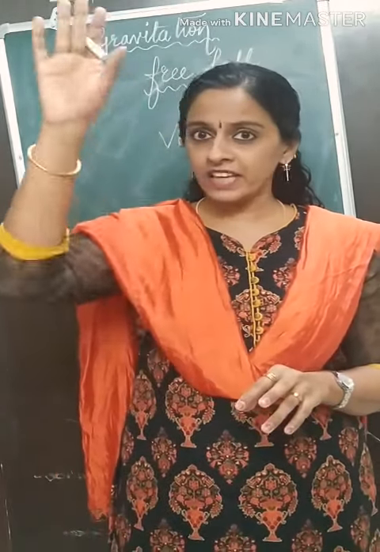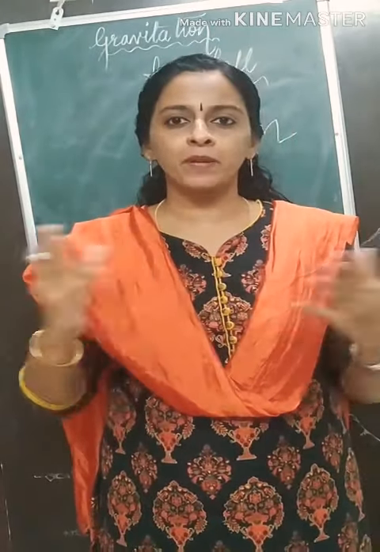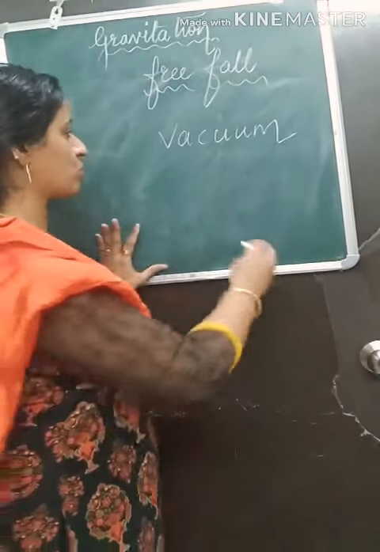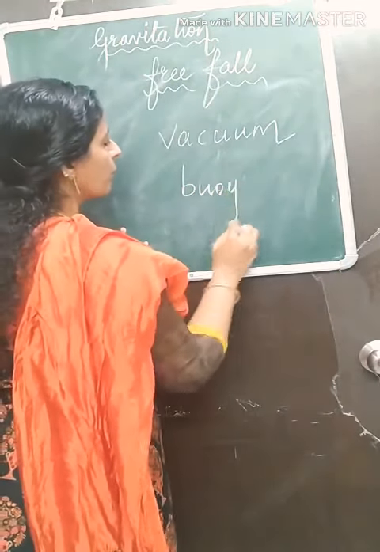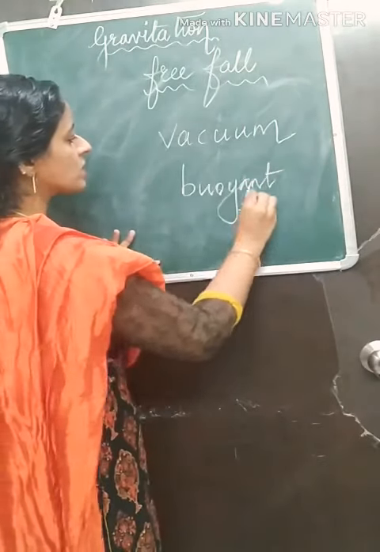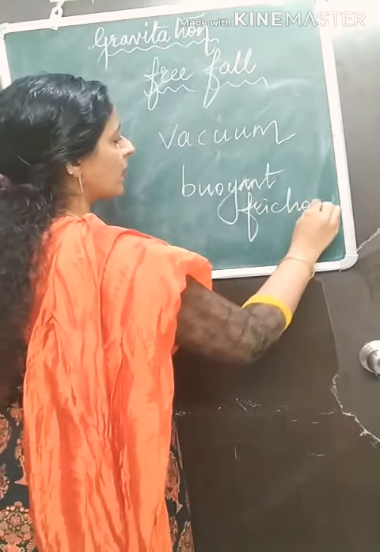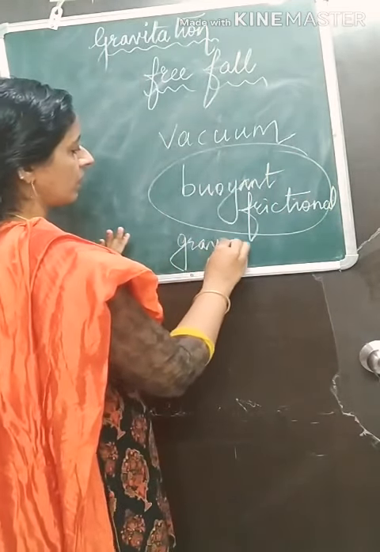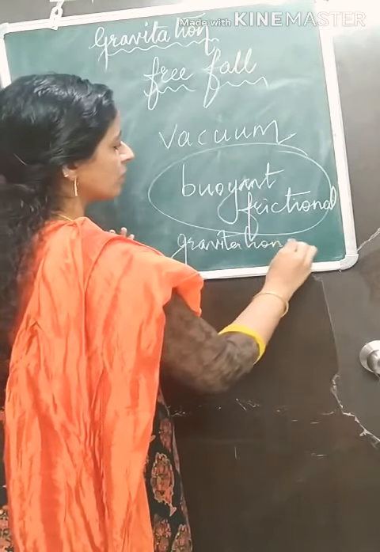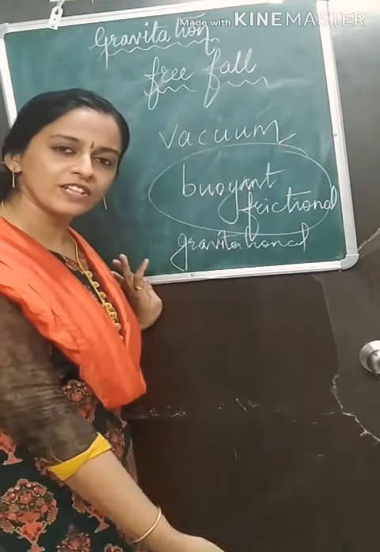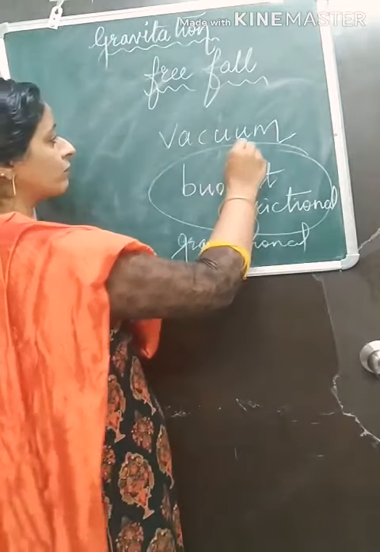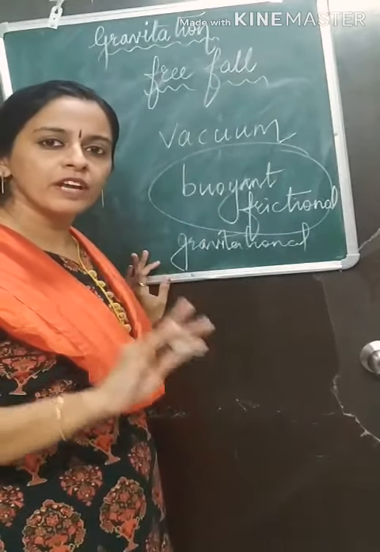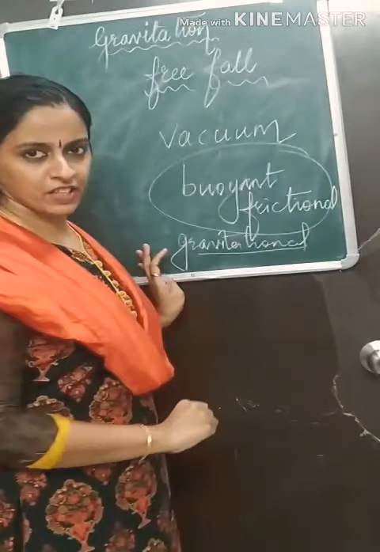But when you are dropping it in the atmosphere where there is air present, because of the frictional force exerted by the air and the buoyant force, which is the upward force, plus the main force, that is gravitational force. Because of the gravitational force, all objects fall down. When you have vacuum, these two forces will be absent. So at that time, the only force acting on the body will be gravitational force.